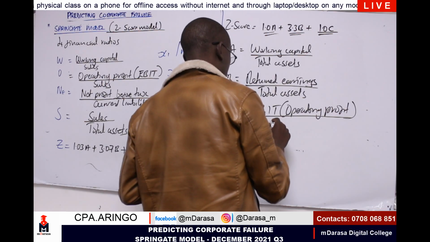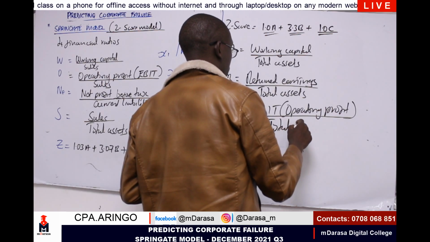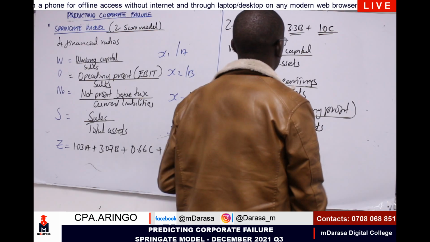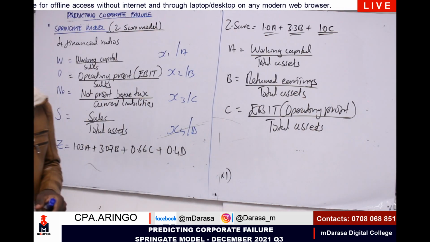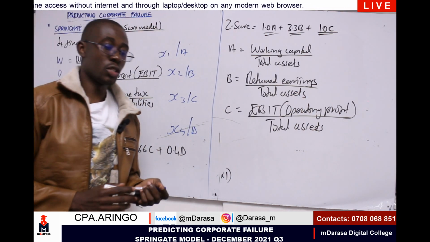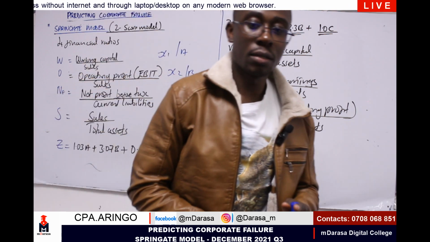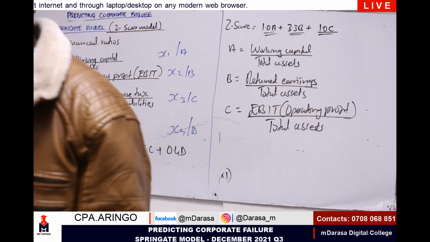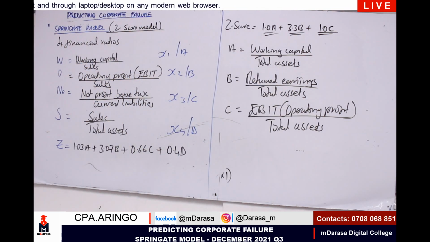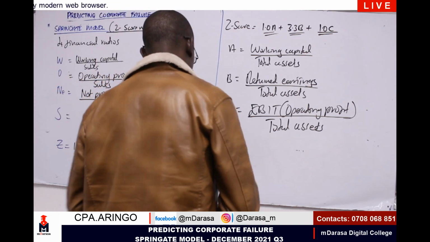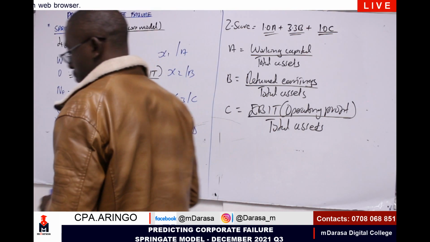Our total assets. See, this model can also be used in relation to what? Springate model. So depending on what you are given to use, kindly use whatever the examiner has given you in your paper. Now, what about aspects of measuring our Springate model?